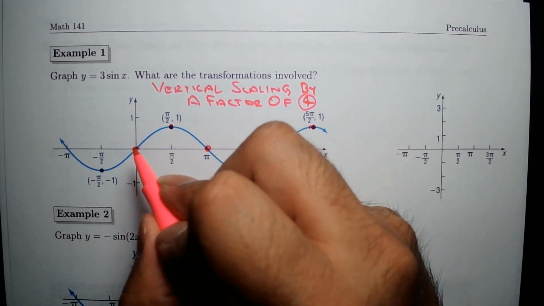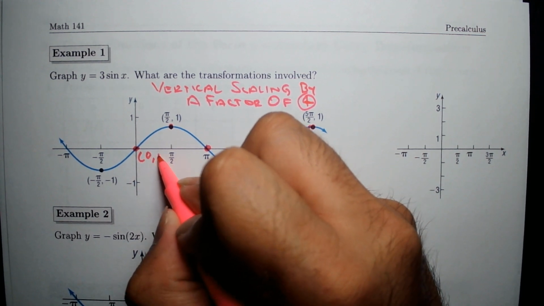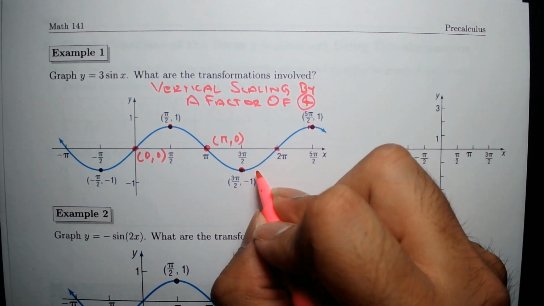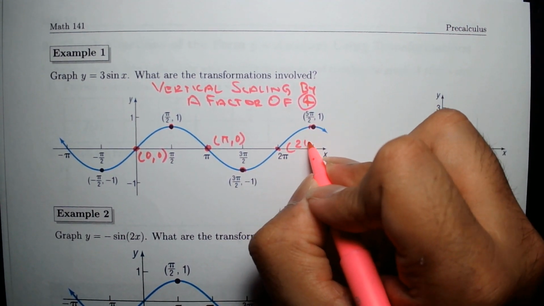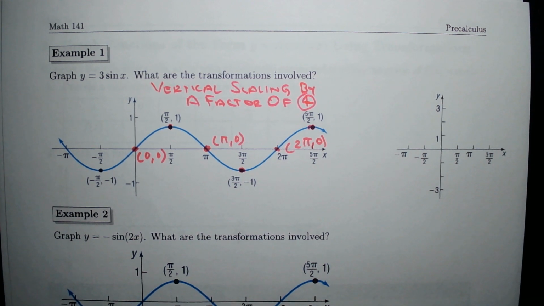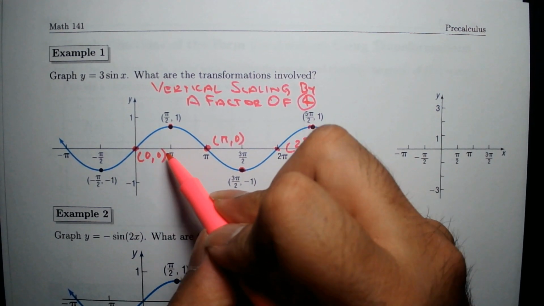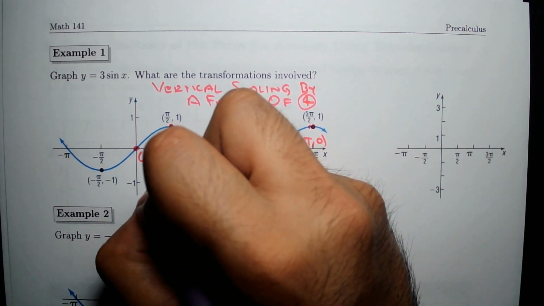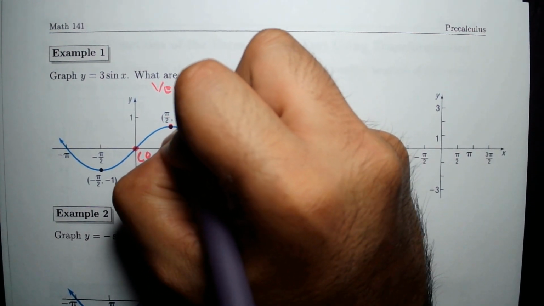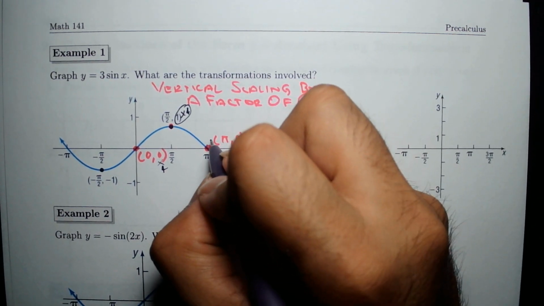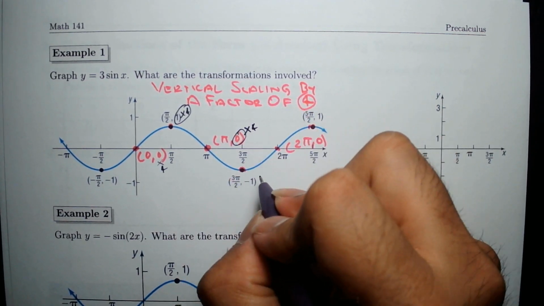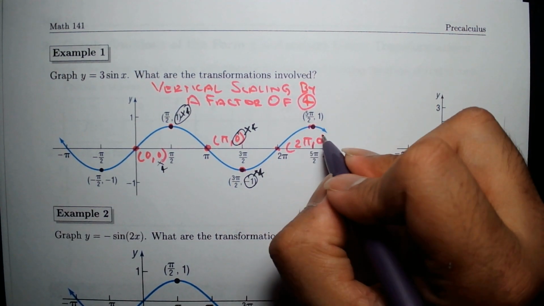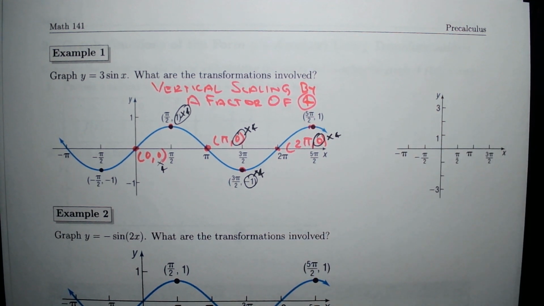For example, this is the origin 0, 0, and this is pi comma 0, and this is 2 pi comma 0 right here. So all we focus on is multiplying only the y values by 3.